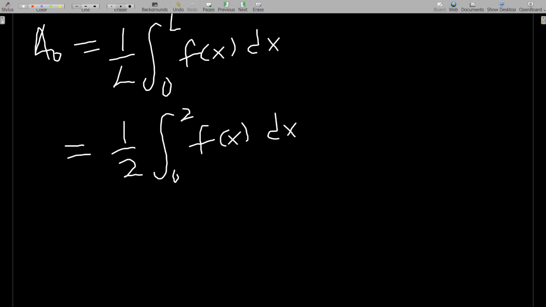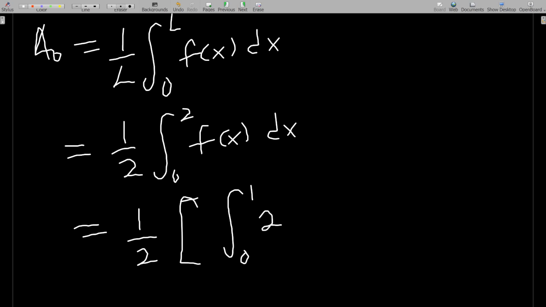Okay, I actually don't know f of x because it's piecewise. Then 1 over 2, then I have to break the integral into parts. So I have 0 to 1 first, and the f of x there was 2 dx, and plus integral 1 to 2. Okay, and then the f of x there was negative 2 dx.